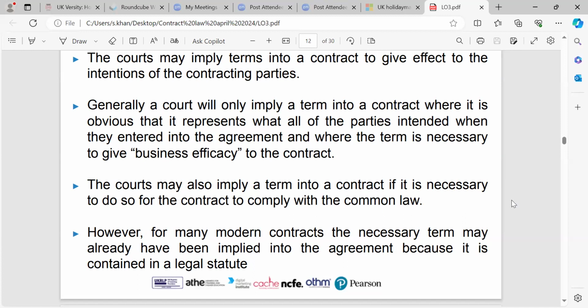Sometimes you may wish to exclude all implied terms, which will be possible in certain business to business contracts, depending on the circumstances. That's why, when you're looking at express and implied terms, it's really important that you seek legal advice when drafting, interpreting or enforcing any contractual terms and conditions, because it's a really important step to take into account.